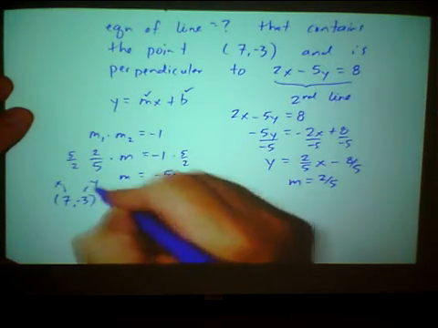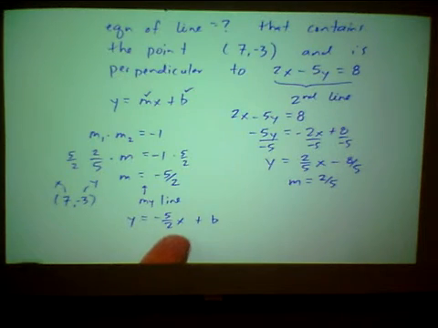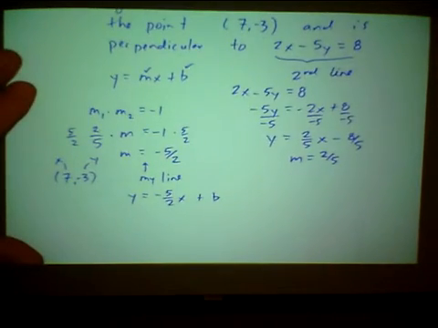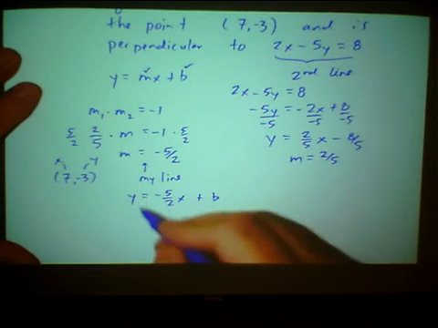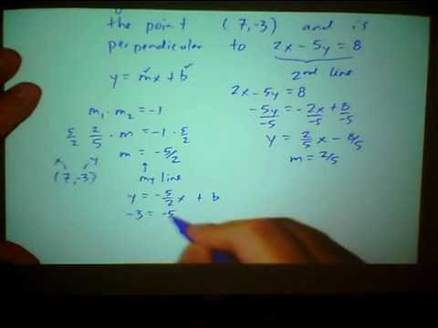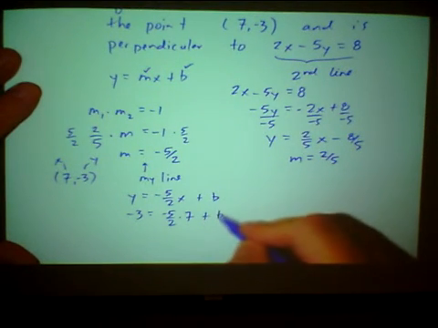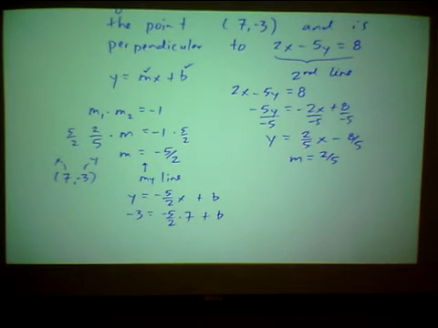The -3 represents the value of y. If I plug 7 in for x and -3 in for y into this equation, it allows me to calculate b. So let's do that. So I'll plug in -3 for y and 7 for x, and I can now solve this equation for b.